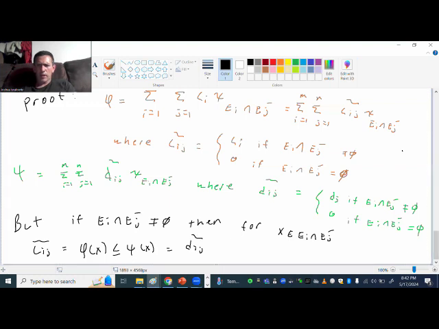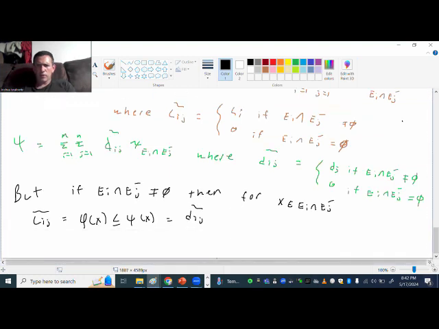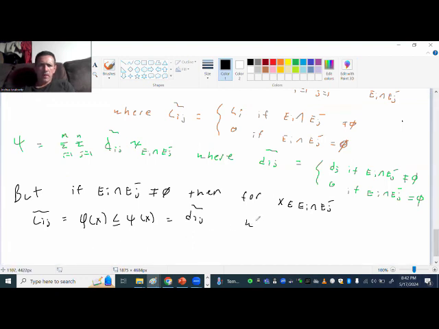The other case is trivial. If this is empty, then the same thing is true because they're both equal.